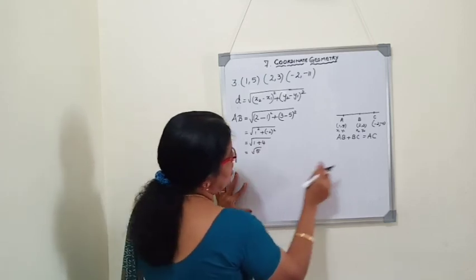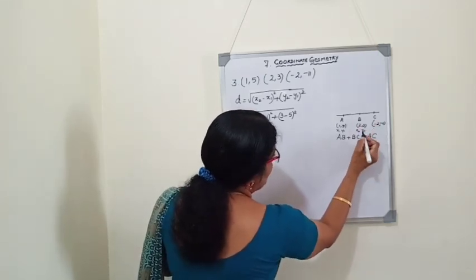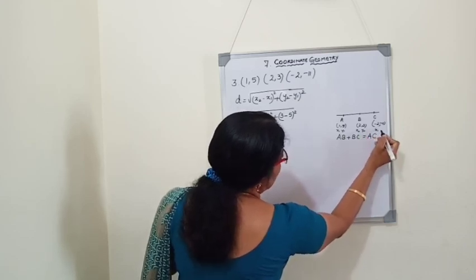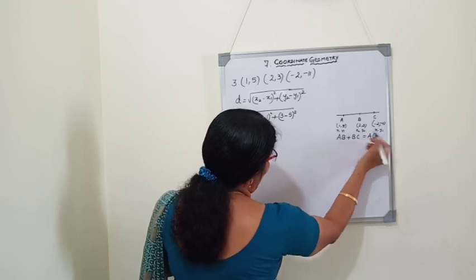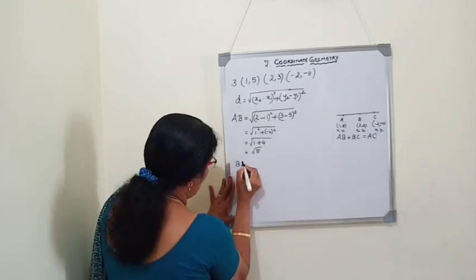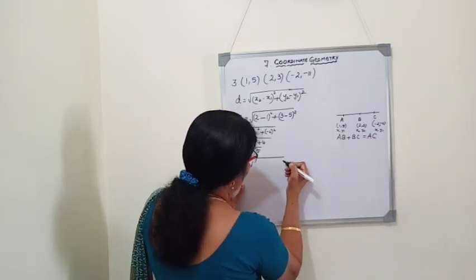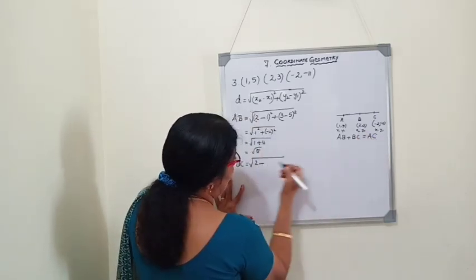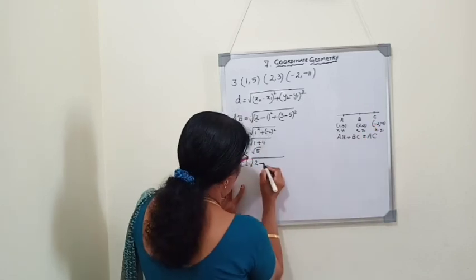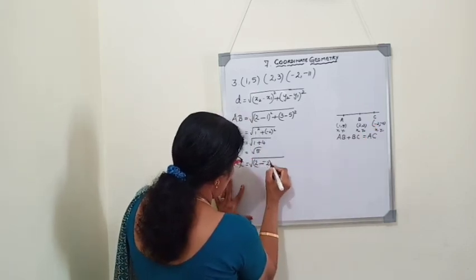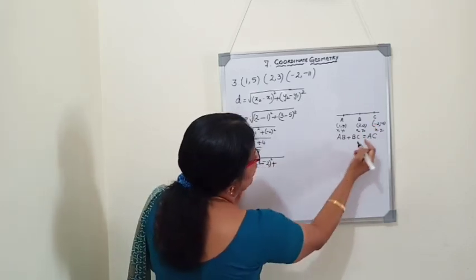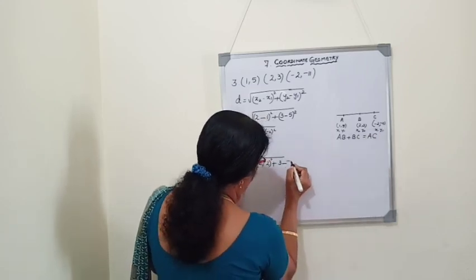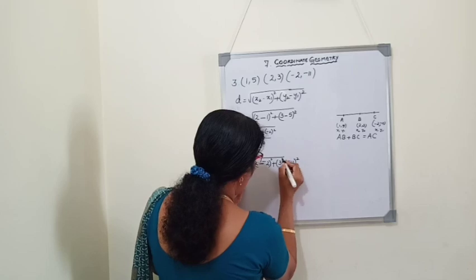Now we will find the distance between B and C. Here we take this as x2, y2 and this as x1, y1. These 2 points you have to take. So BC is equal to square root of (x2 minus x1), x2 we have taken as 2, so I write 2 minus x1, which is -2, so one more minus here, the whole square, plus y2 is 3 minus y1 which is -11, the whole square.